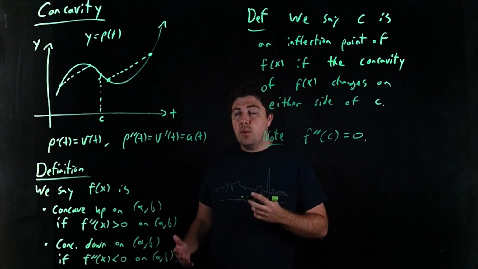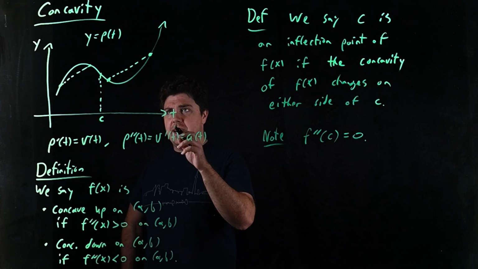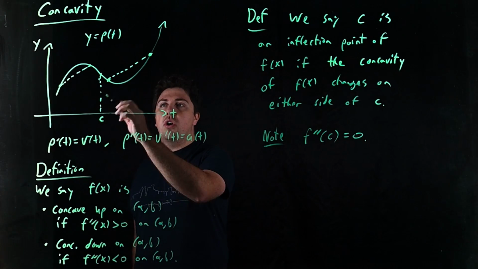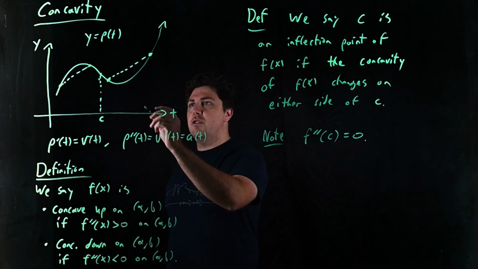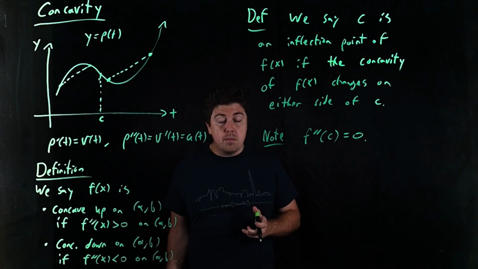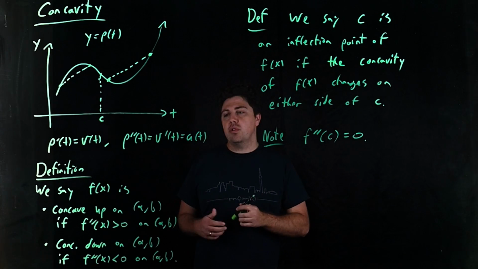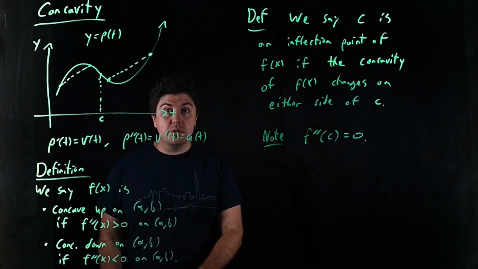If you want to have a decent sketch of a function, it's pretty important to clearly indicate where a function is concave up or concave down. It makes for a much nicer picture of a function if you get the concavity correct. We're going to talk more about graphing later, and this idea of concavity is crucial to being able to graph functions effectively. So let's do some examples.